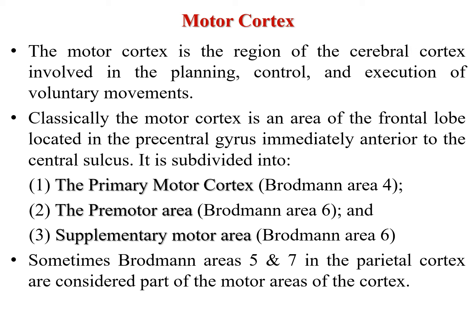So again, the motor cortex is classically the area lying in front of the central sulcus and overlying the precentral gyrus, subdivided into three broad areas: the primary motor cortex, which is Brodmann area 4, and the premotor and supplementary motor areas, which are Brodmann area 6. Also, Brodmann areas 5 and 7 in the parietal cortex are considered as part of the motor system.